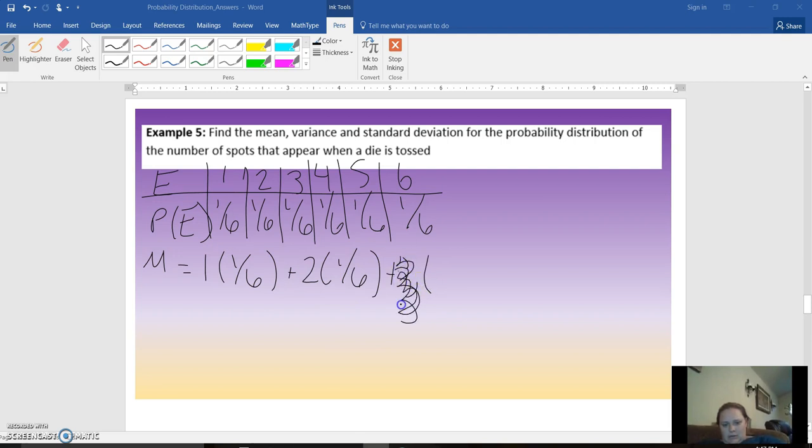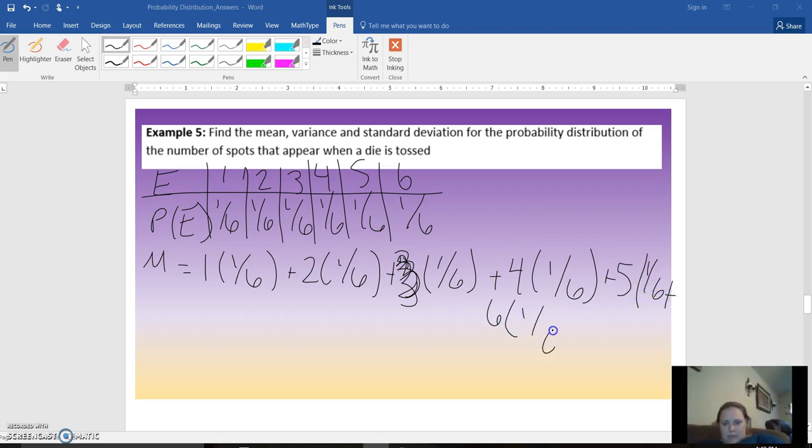3 times 1/6 plus 4 times 1/6, and so on through 6 times 1/6. And I'm literally going to type it in my calculator like that. I don't have a 0 here because there's not an event where there's no dots on the side of the dice, unless there's a magician and all of a sudden he makes everything disappear.